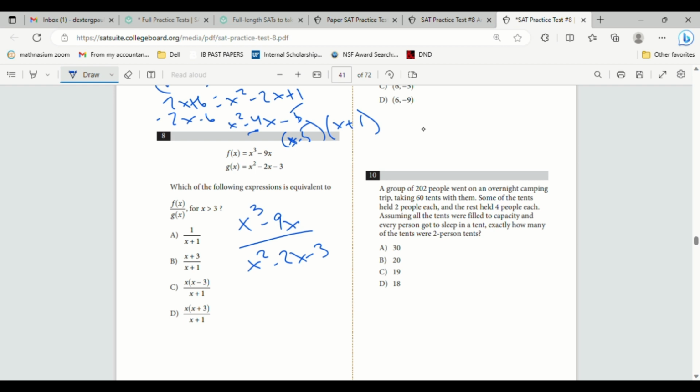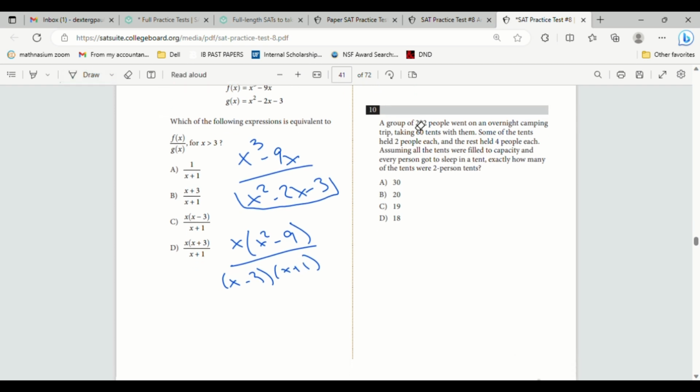We can pull an x out from the top, leaving us with x times x squared minus 9, divided by, and then we can factor out this denominator to get x minus 3 times x plus 1. And now we can also further factor the top because x squared minus 9 is a difference of squares. So we follow our pattern of square root of both terms, so we do x plus 3 times x minus 3.